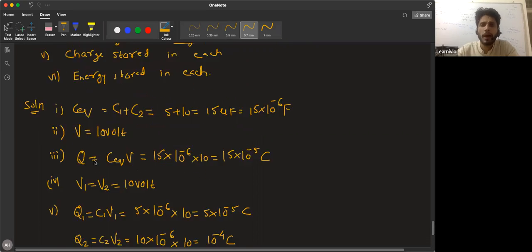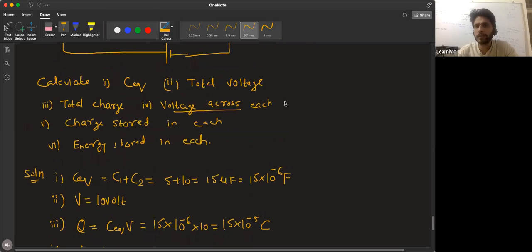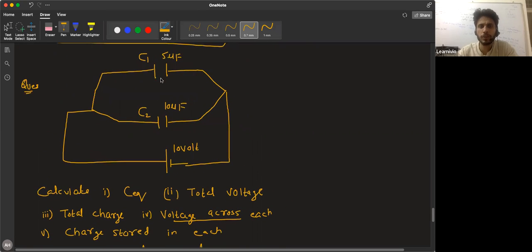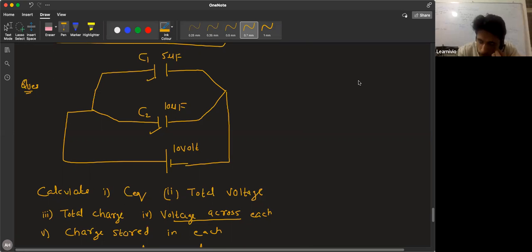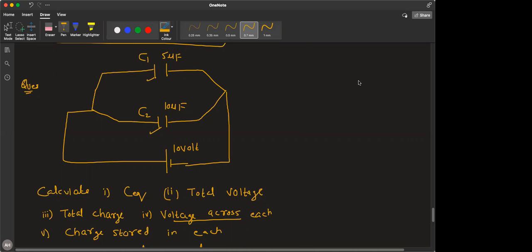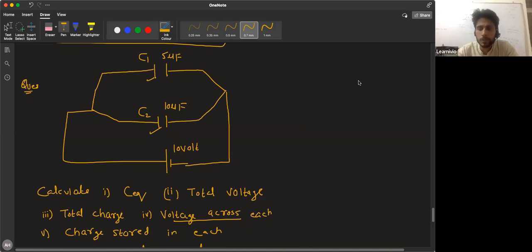After this, I need the energy stored in each capacitor, energy stored in C1 and energy stored in C2.